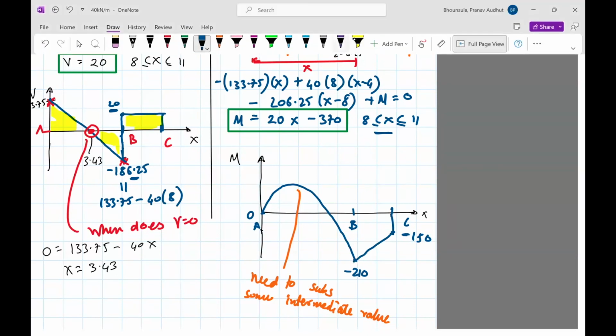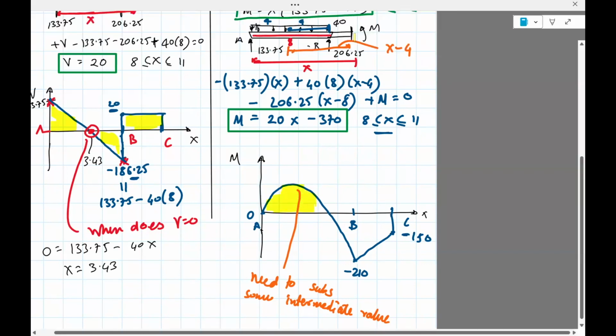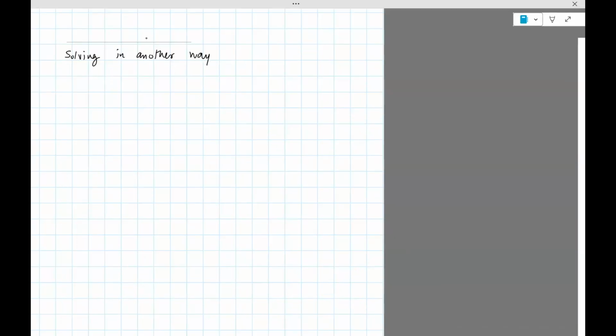So this is the bending moment diagram. The idea here is to use the equations I wrote down. dV/dx equals q, and if q is minus w, where w is the load acting in the downward direction, and this is a constant, because it's given, it's fixed.